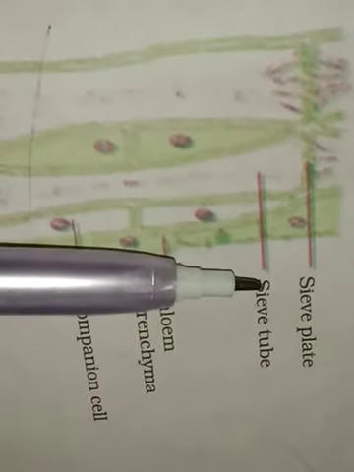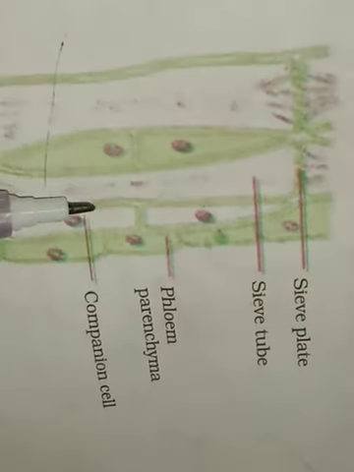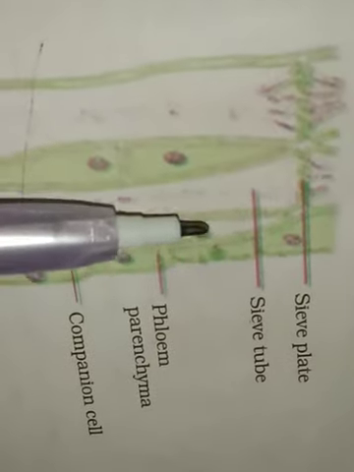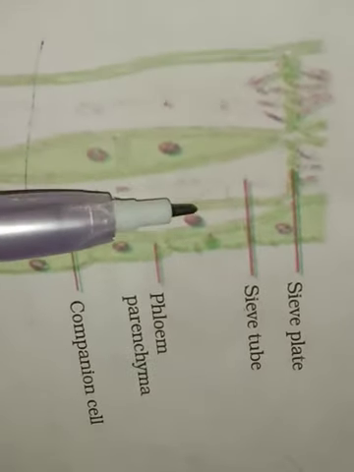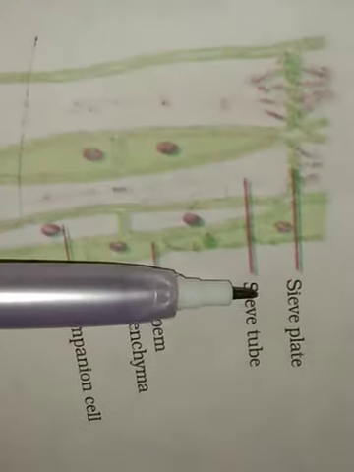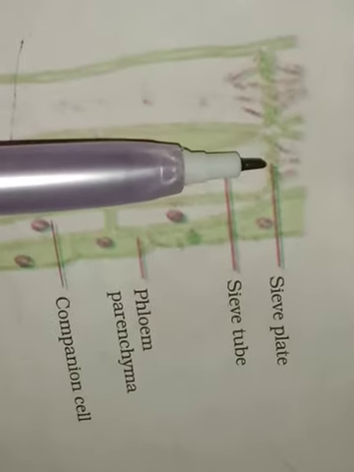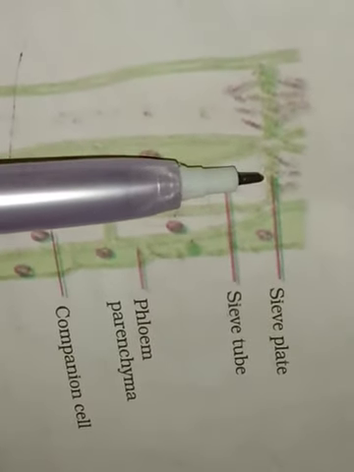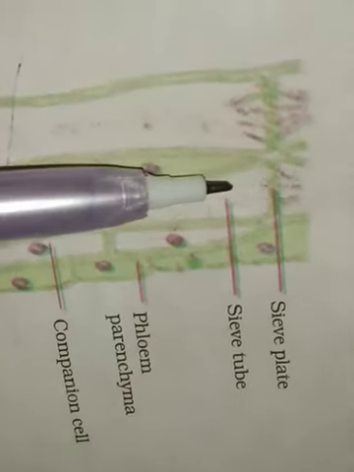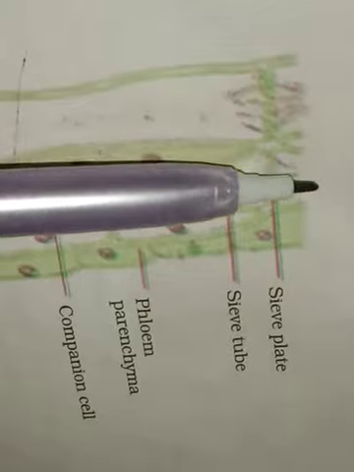Now, in these sieve tubes, the walls are perforated, meaning small pore-like structures are present in the walls, and those perforated walls help in transportation. In the same way, when the food transports through the sieve tube, you can see a very small white pore-like opening, and through those pores food is transported to the next sieve tube.